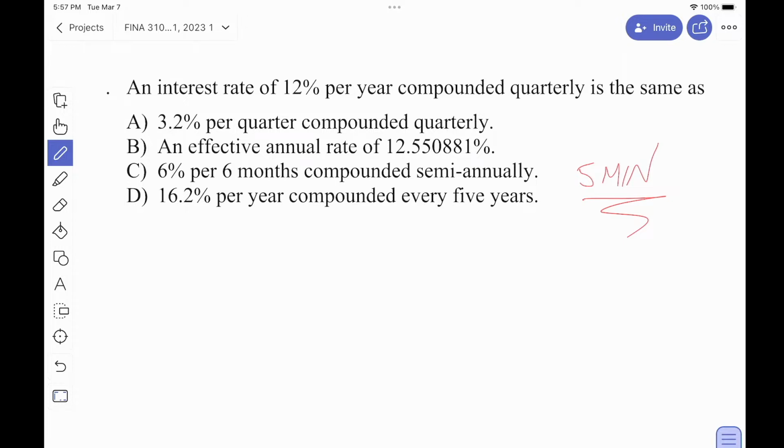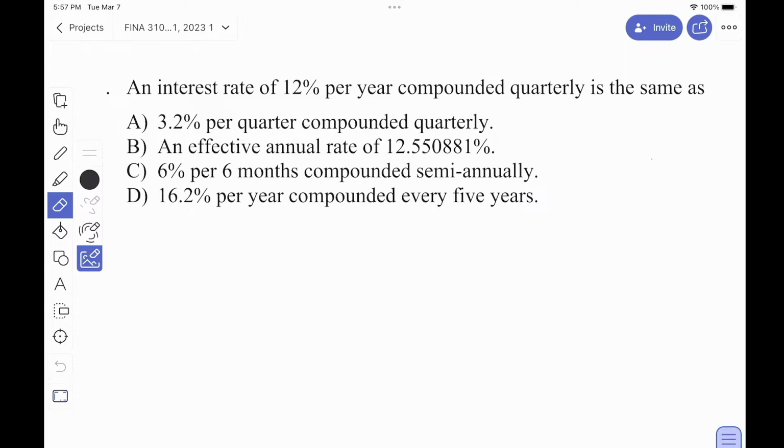Okay, which one did you pick? Very good.